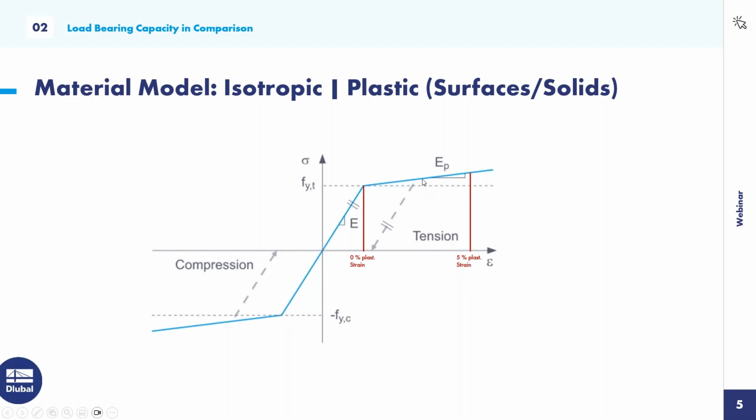Imagine we get a plastic strain of 2.5%. Then we have got a design ratio for the plate of 50%. So we would be in the middle.